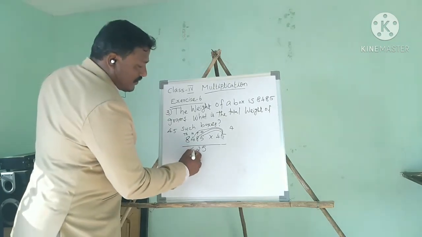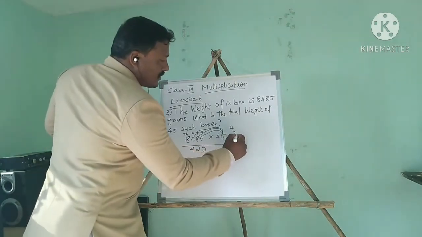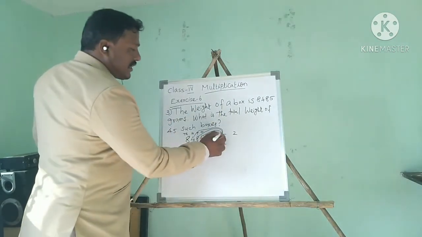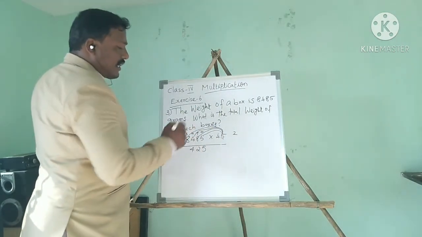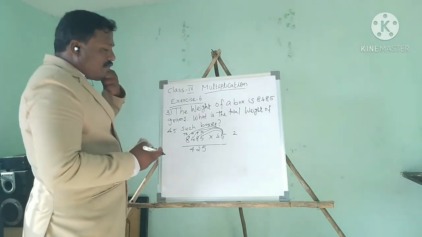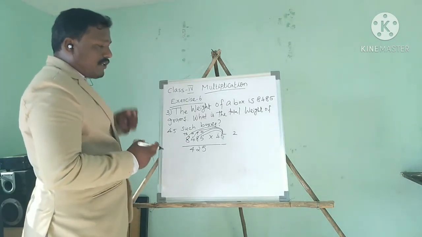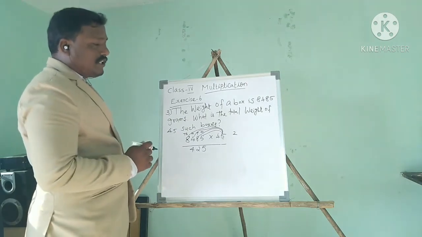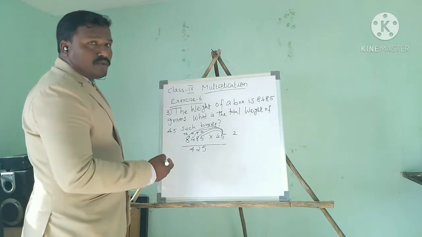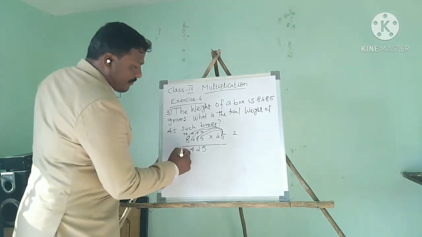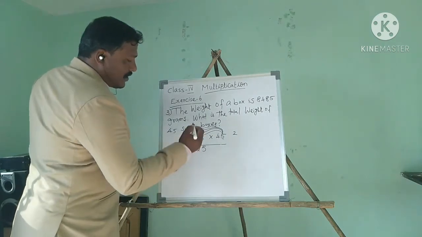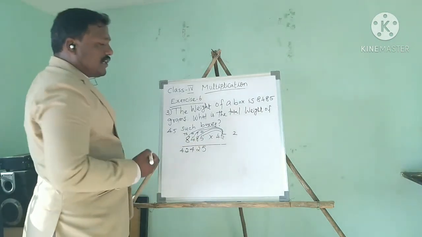Again we take the 5 and multiply it by 8. 8 5s are 40. 40 plus 2 is 42. So now we put 42 as it is. So one row is finished.